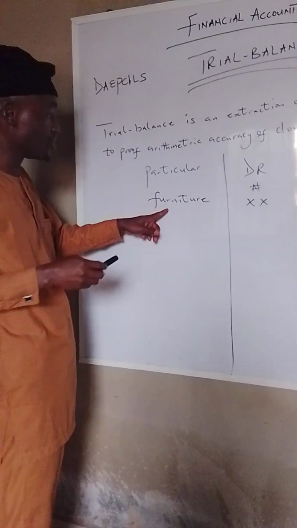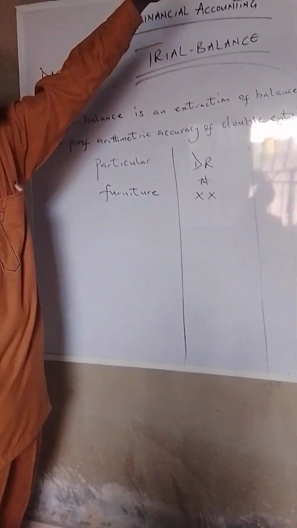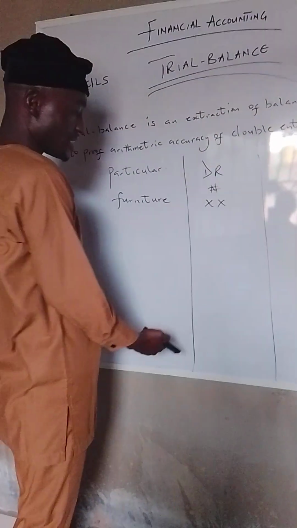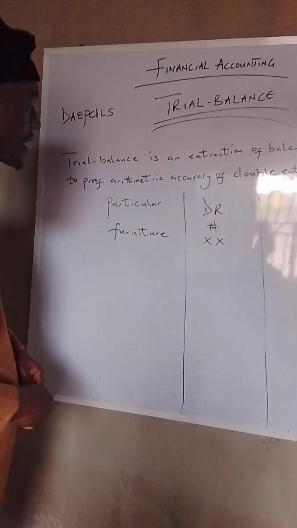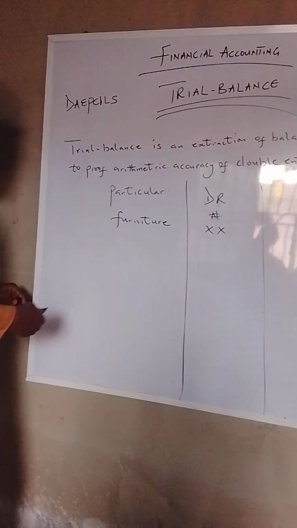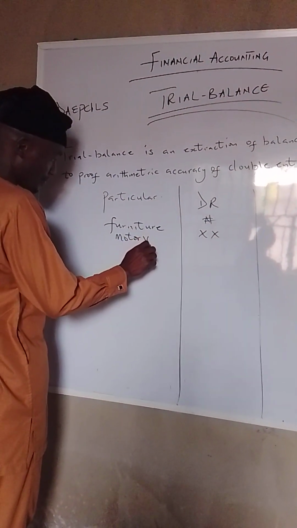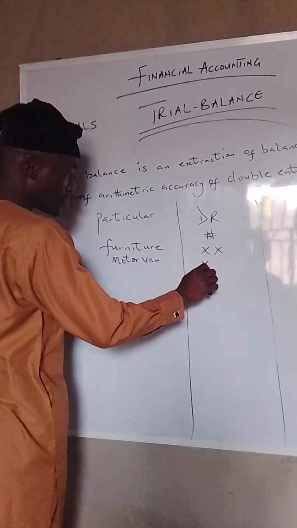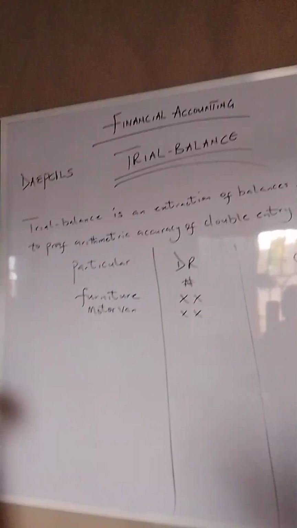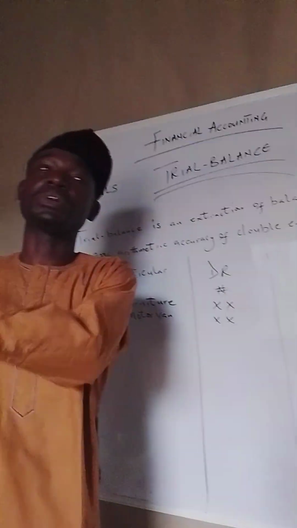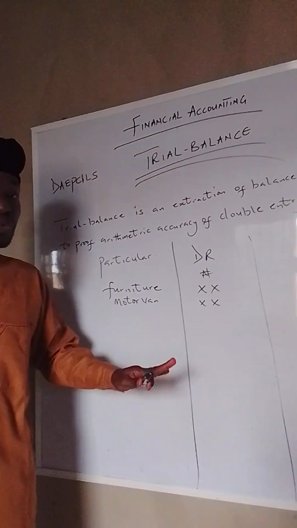Anywhere you see furniture, you know that furniture is an asset, like this marker board I'm using as an example of furniture. So furniture we can categorize as an asset. Motor van is also an asset. The vehicle that we use for our business, the vehicle used to carry our goods from one place to another, that's what we call motor van. We use motor van for business purposes.